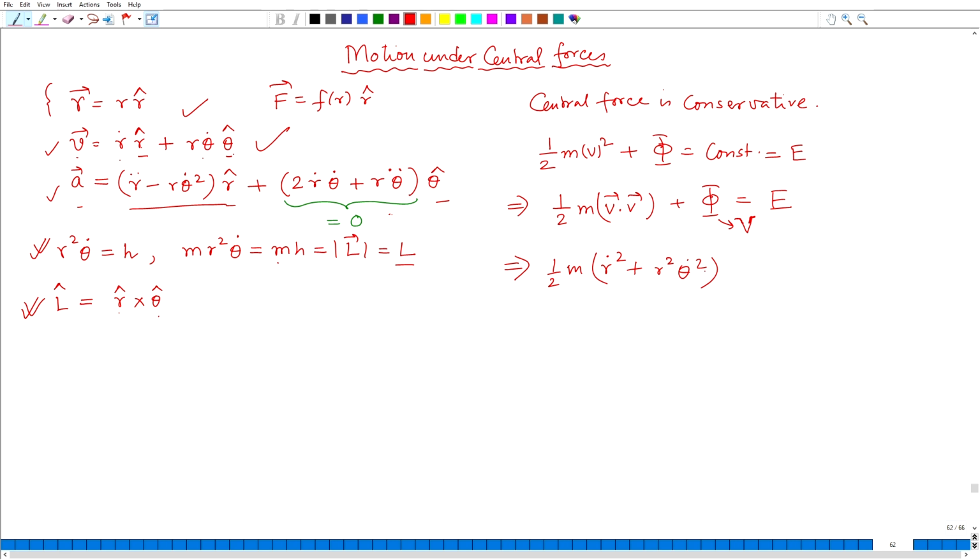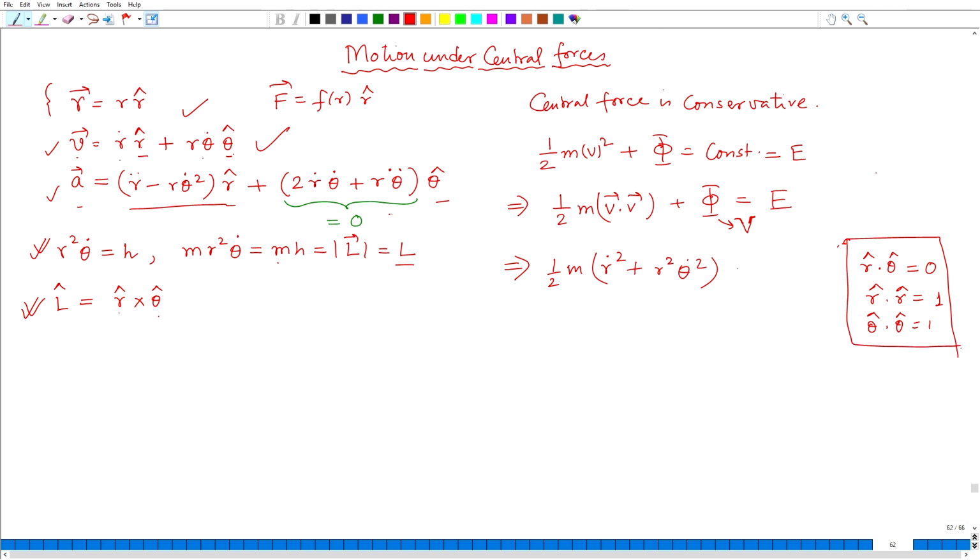So, just remember, r cap dot theta cap is 0, and also r cap dot r cap is 1, and theta cap dot theta cap is also 1.